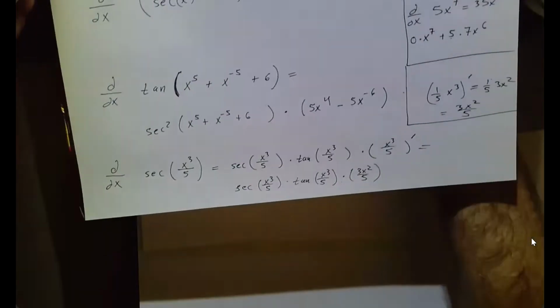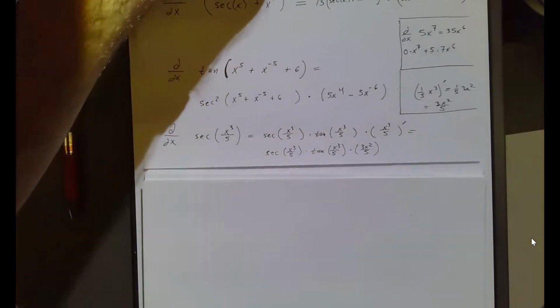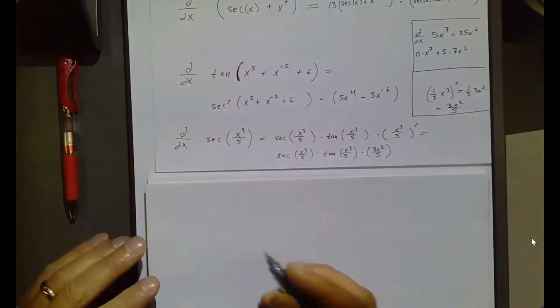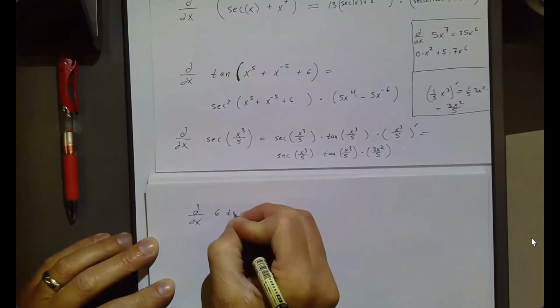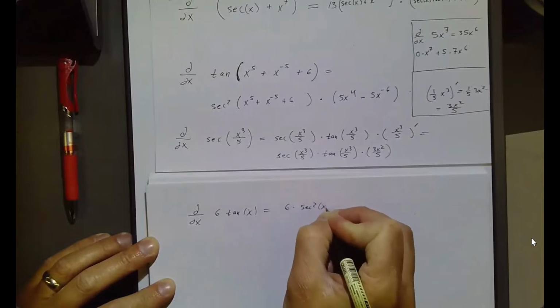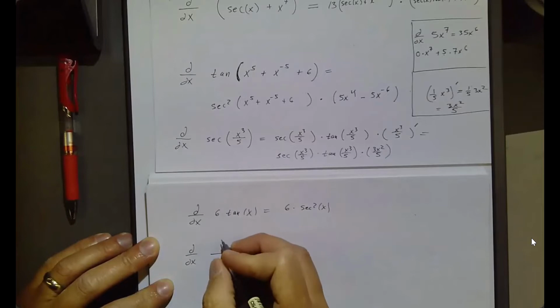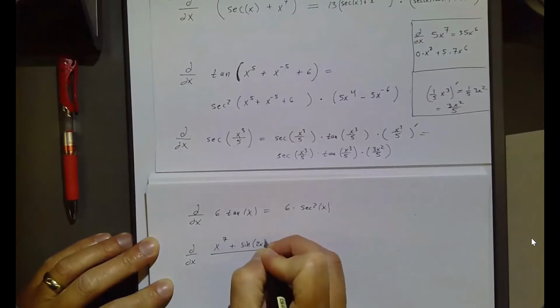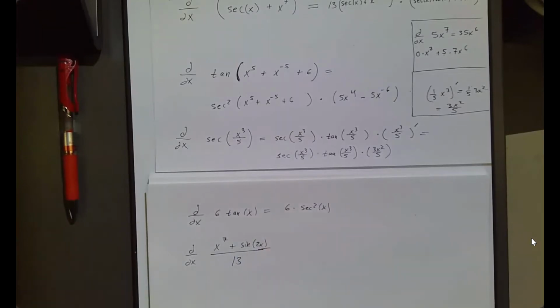For further example, I know I said it, and I keep saying I'm going to move on, but just to make it super duper extra clear, if you have the derivative of, say, 6 times tangent of x, that's going to be 6 times secant squared of x. If you have the derivative of some gross thing like x to the 7th plus sine of 2x divided by 13, I don't care about that 13.